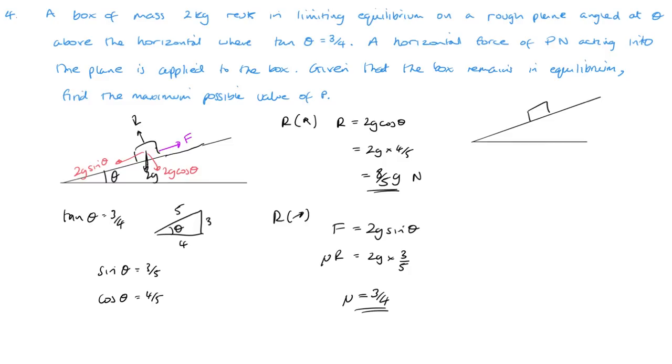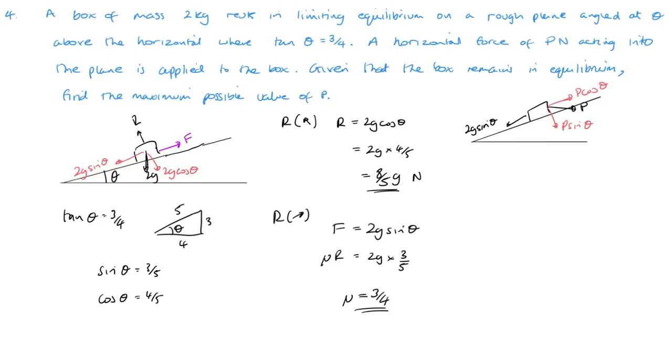So we've got this. I won't worry about some of the forces now, but I'll put the 2g sine theta on. Going horizontal with the slope, we've got P. So that will be P cos theta and P sine theta.